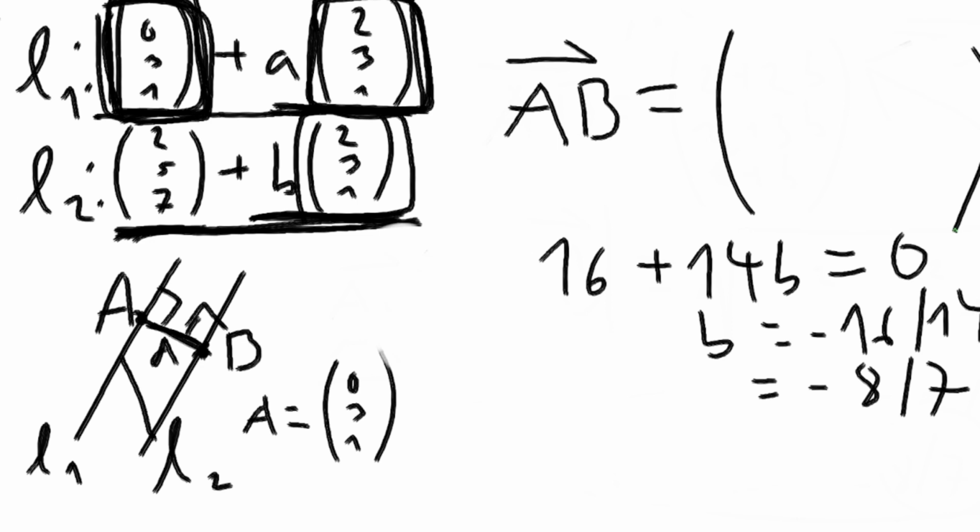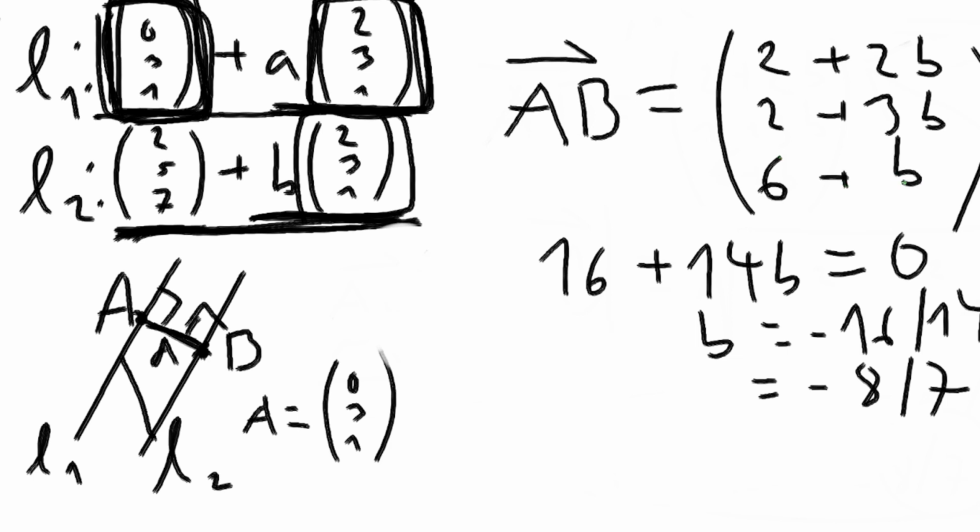And just to remind you what the vector was, we had it written before, but it got deleted in the meantime. It basically was 2 plus 2b minus 0, so 2 plus 2b for x. For y was 5 plus 3b minus 3, so it was 2 plus 3b, and then 6 plus b for z.